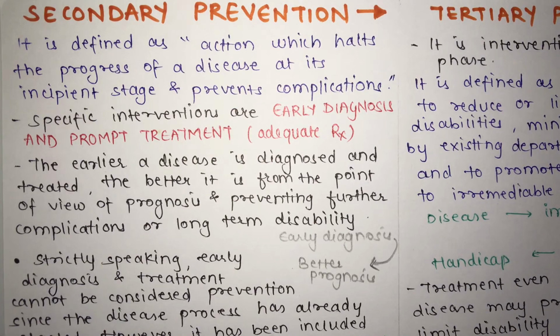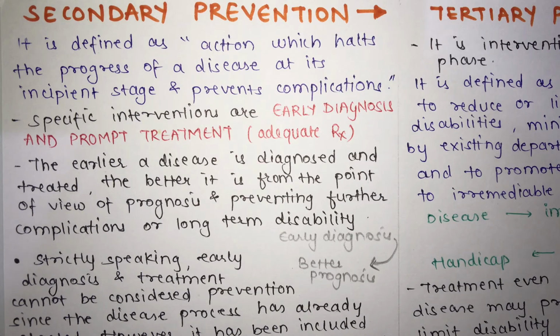Now the next one is secondary prevention. It is defined as the action which halts the progress of the disease at its incipient stage and prevents complications. Now the disease has occurred, but it is at the incipient stage, the starting, initial stage of that disease. In secondary prevention, we are halting the progress of the disease so there are no more complications.